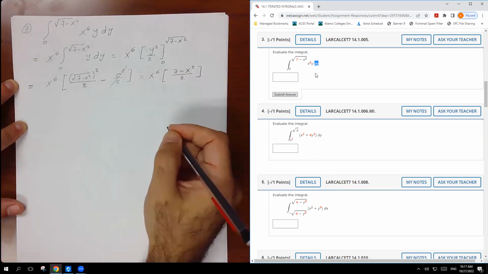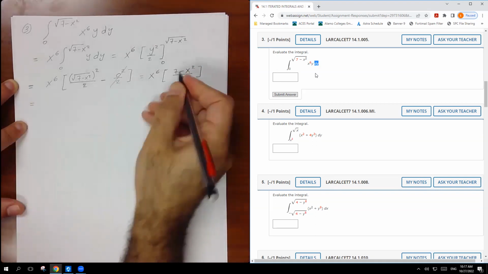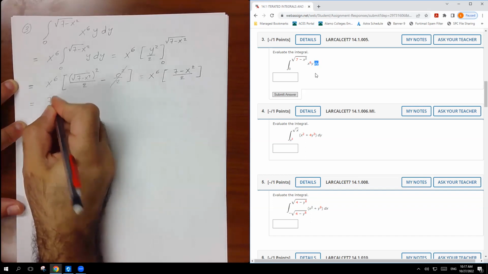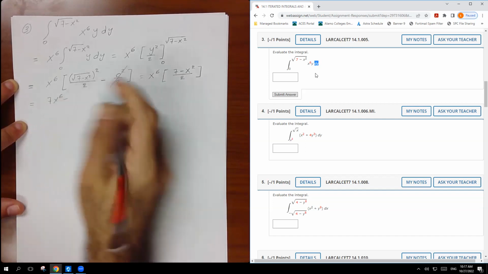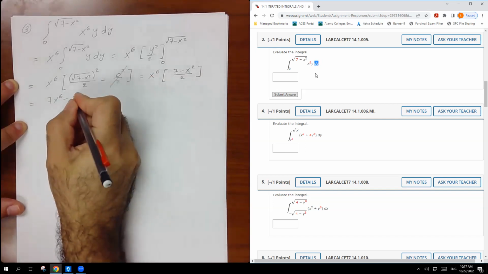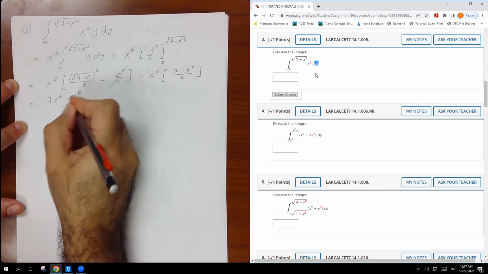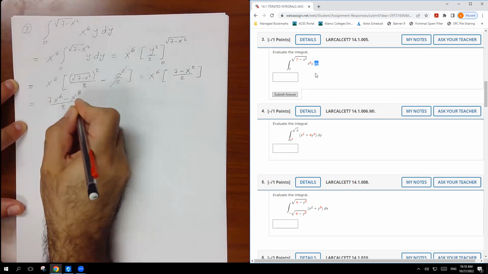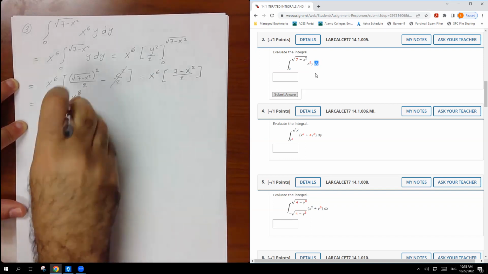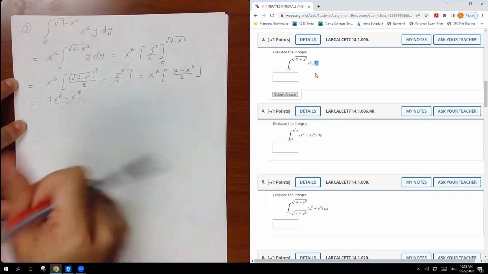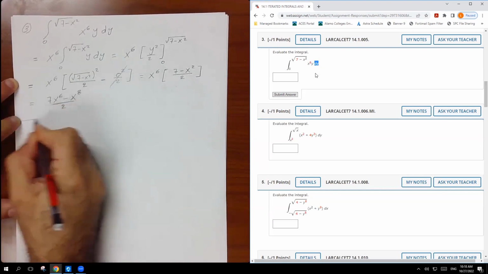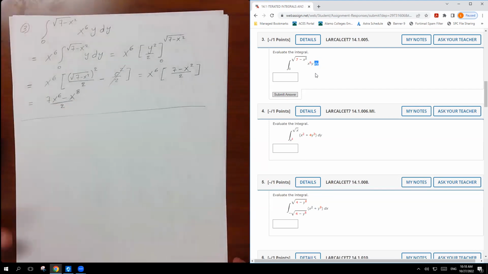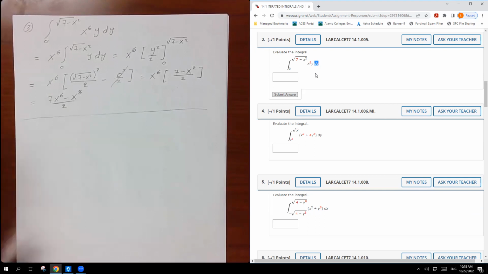Now let's simplify it more. So it's going to be 7 x to the power 6 minus x squared times x to the power 6. You're going to add the exponents, so x to the power 8, divided by 2. That's it for this example. You can simplify it more, but just keep it like this. Let's check that.